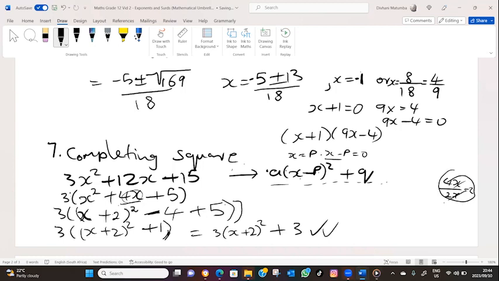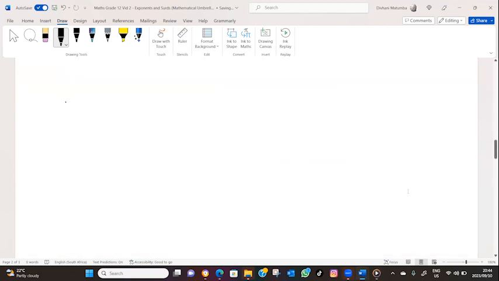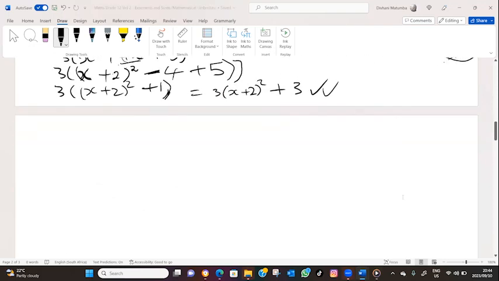Now, during the course of these segments, we're also going to deal with inequalities. I'm going to do some examples about inequalities.